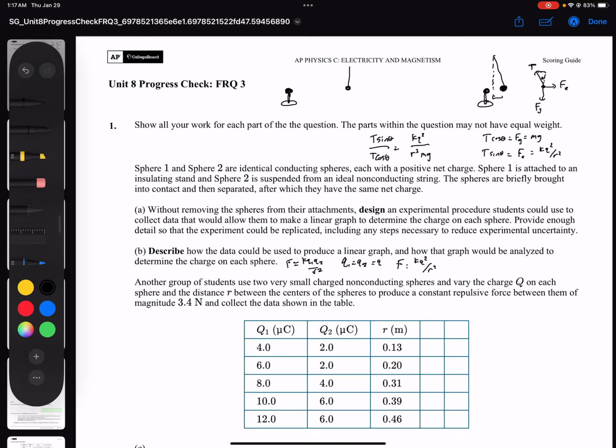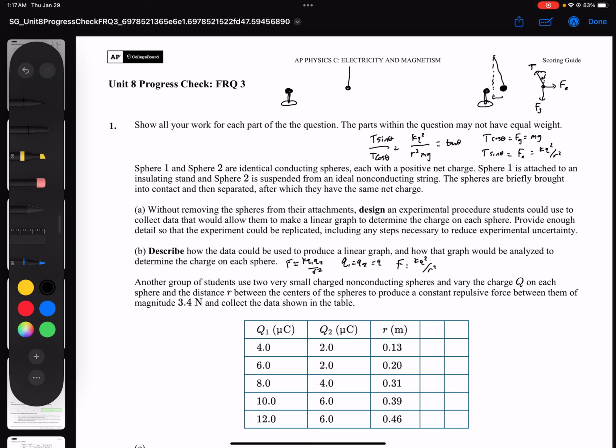All right, and for this experiment, what we're doing is changing the distance between the spheres, so that's our independent variable. Our dependent variable is the angle, effectively, for the sphere that's hanging from the ceiling, right? And this has to equal tan theta. I forgot to mention that.